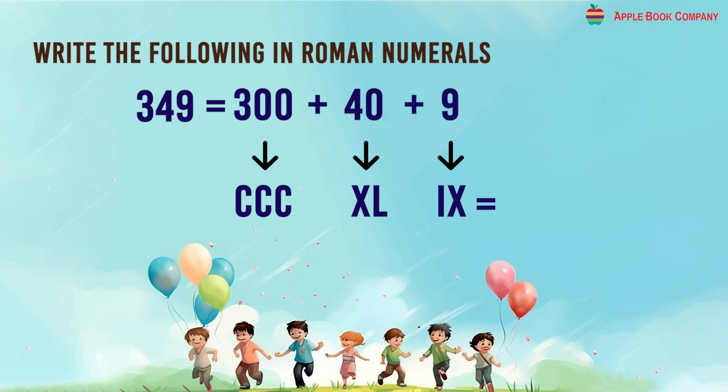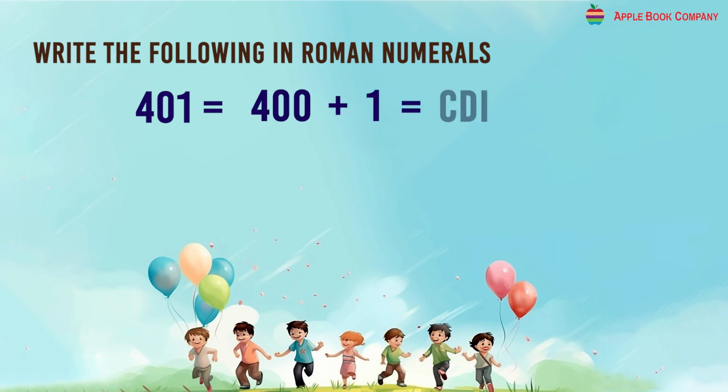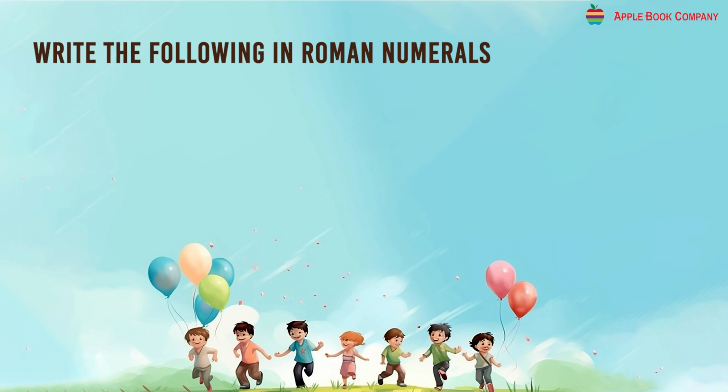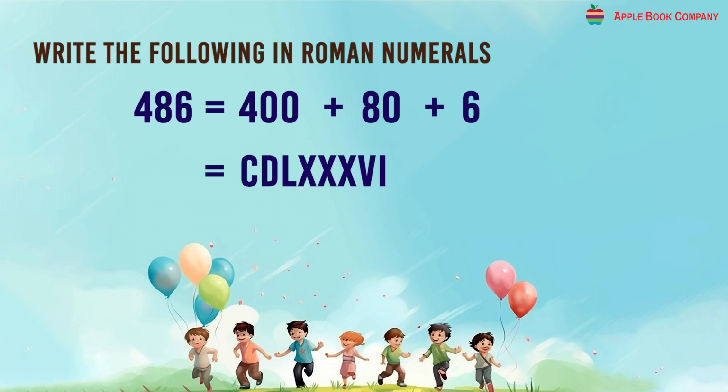So it is CCCXLIX. Next, 401 can be written as 400 plus 1, which is CDI. Next, 486 can be written as 400 plus 80 plus 6, which is CDLXXXVI.